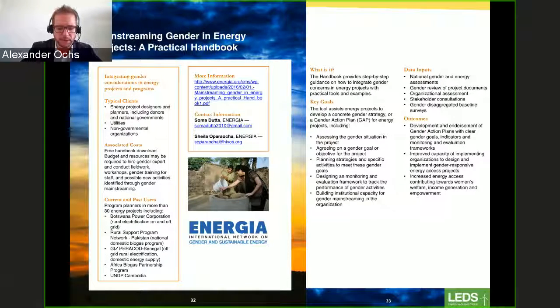It really provides step-by-step guidance on developing a gender strategy or a gender action plan within energy projects. It has been used in more than 30 projects already worldwide. Again, those are numbers from last year.